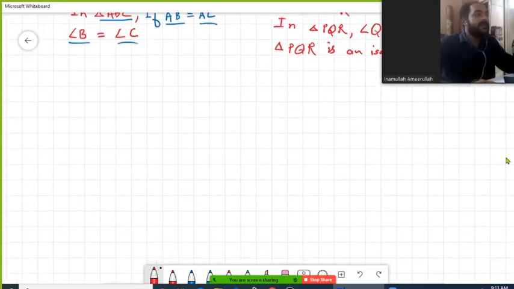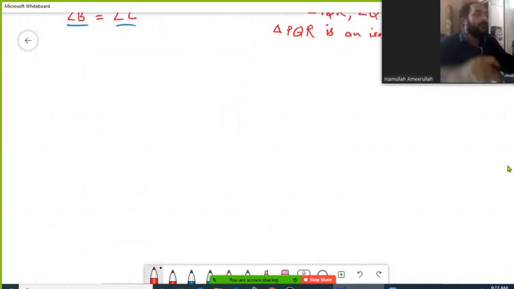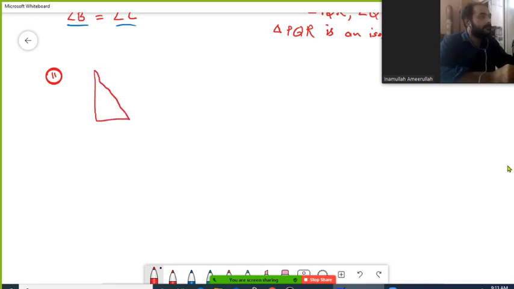Now next is the 30-60-90 theorem. So we have triangle XYZ, which is a right angle triangle at angle Y. In this triangle, angle X is 30°, angle Z is 60°.